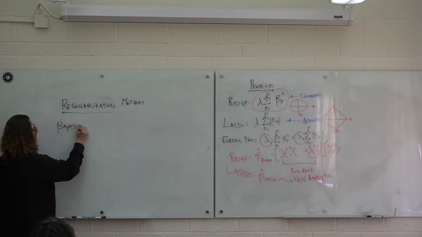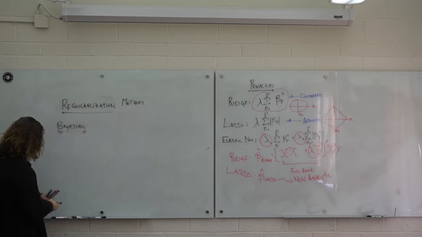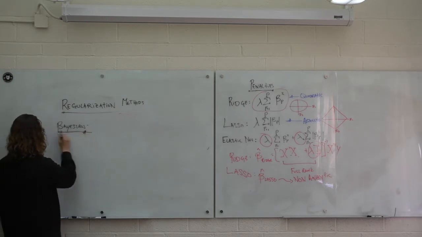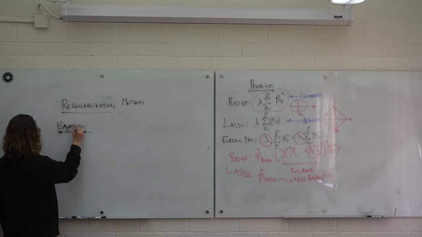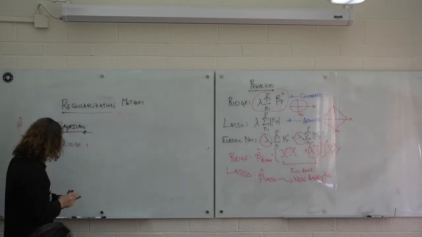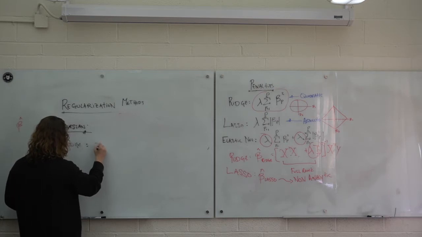The Bayesian, for ridge regression, when they say they're doing ridge regression, they're using a prior of the form.